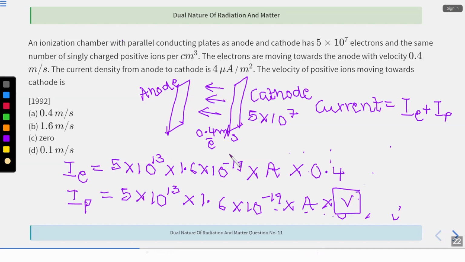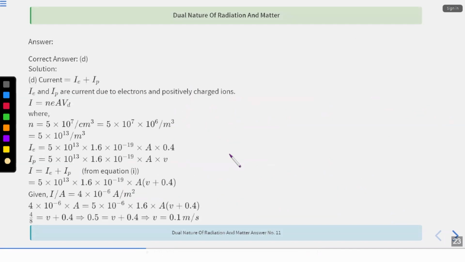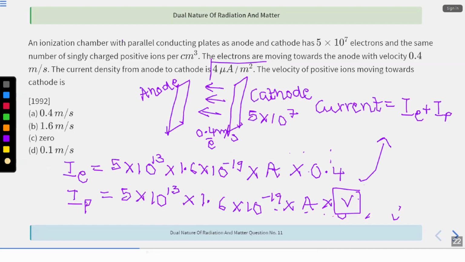So now we'll put these values in the first equation. We have been given that current per area, that's the current density, is 4 into 10 to the power minus 6 ampere per meter square. Yes, it has been given over here, right?